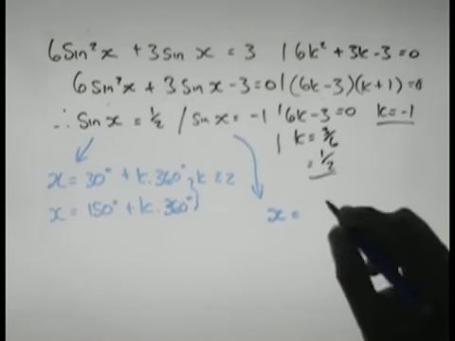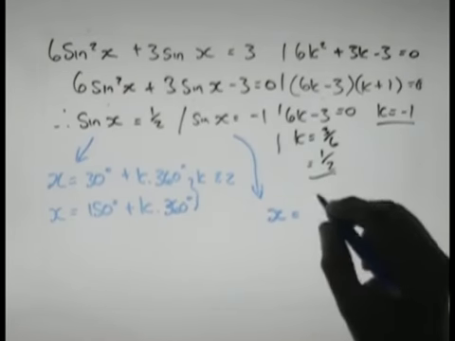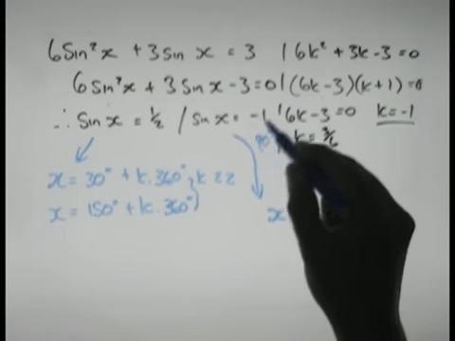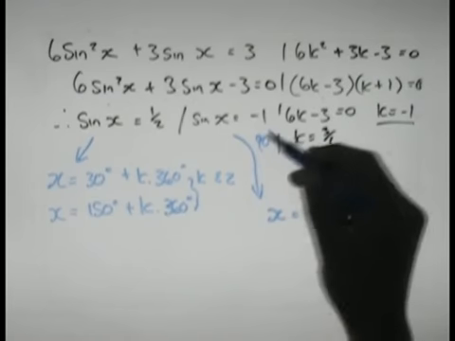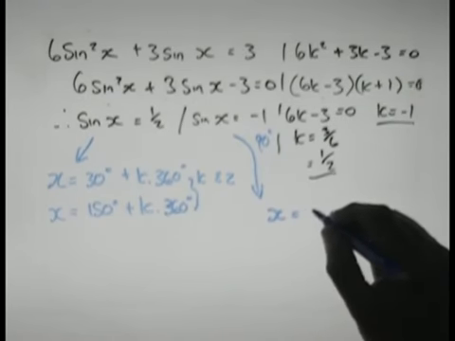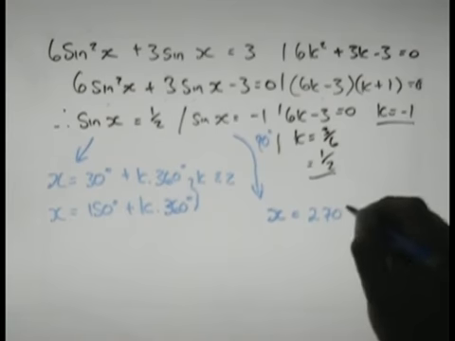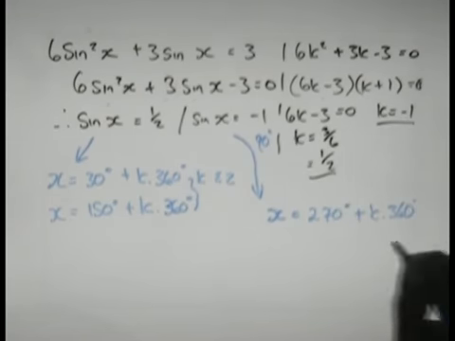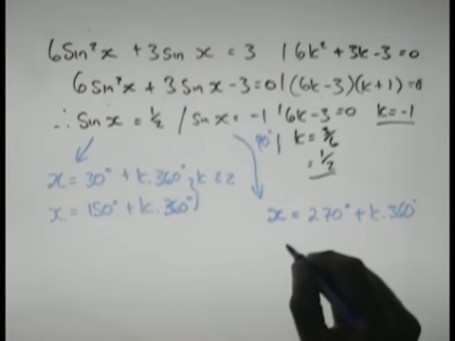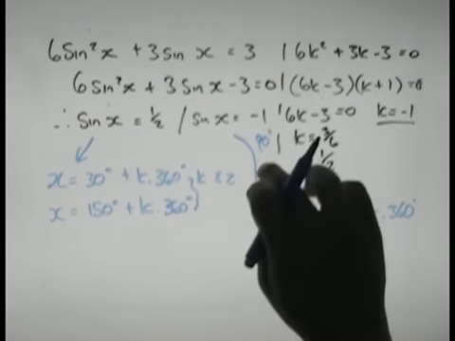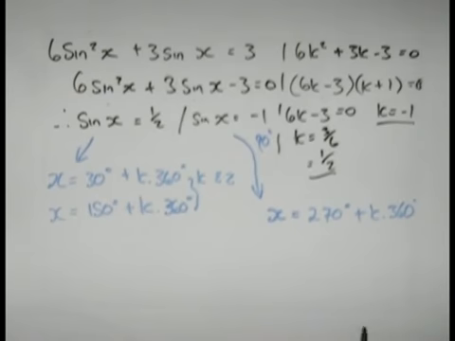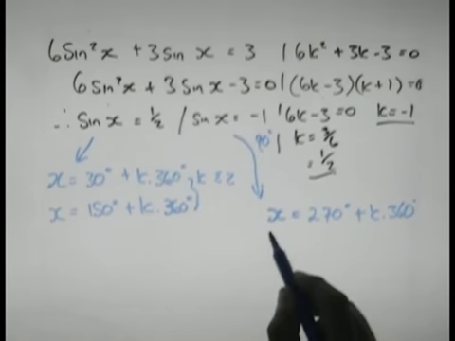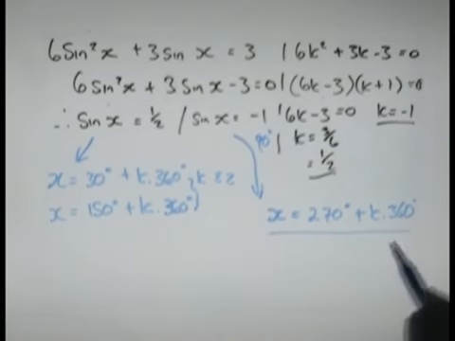So x is either equal to 180 degrees plus 90 degrees, which is 270 degrees, plus k times 360 degrees, or it's going to equal 360 minus 90 degrees, which by the way is also equal to 270, so we only need to write this one solution in.